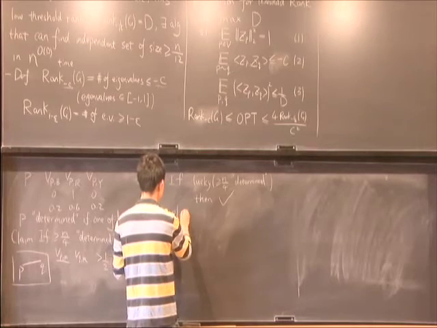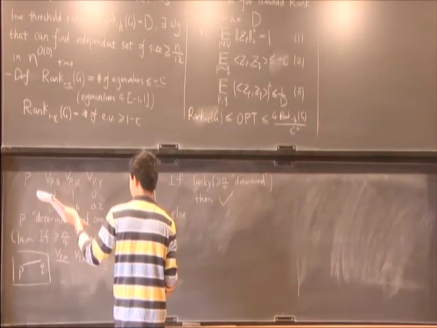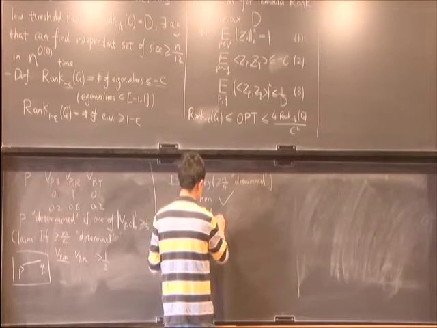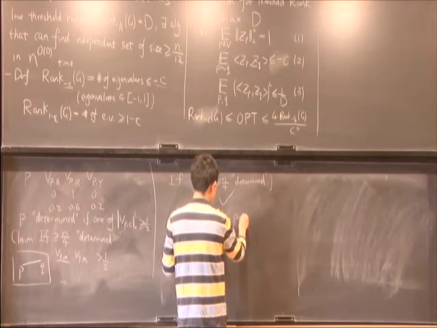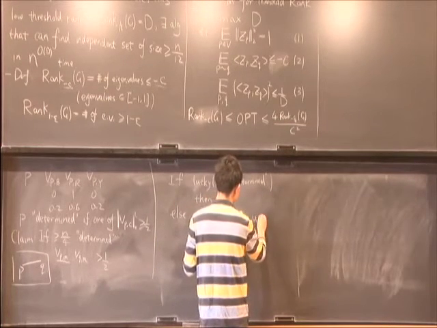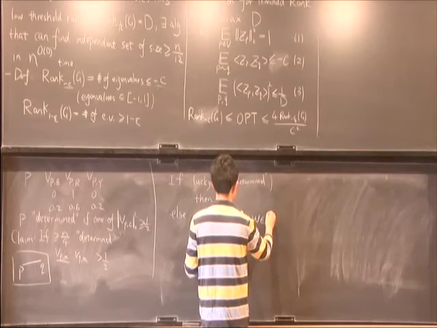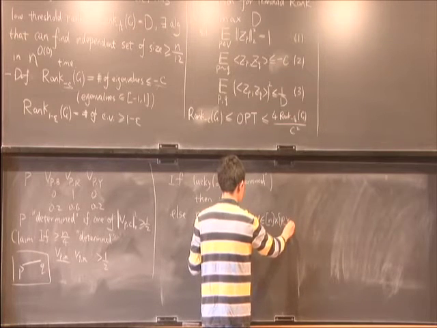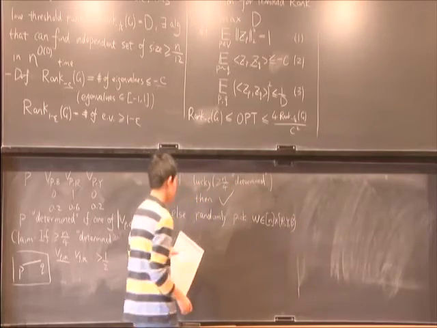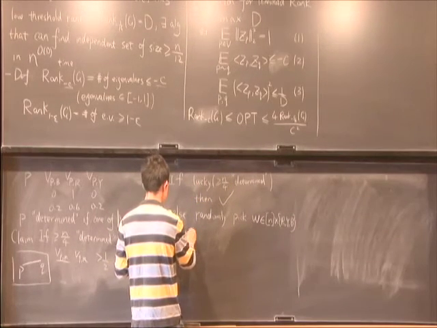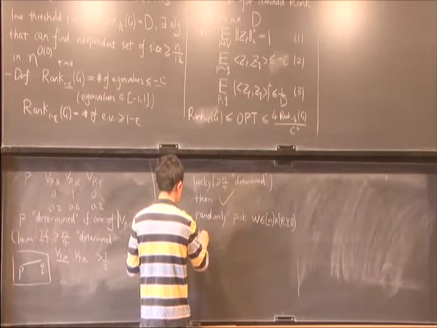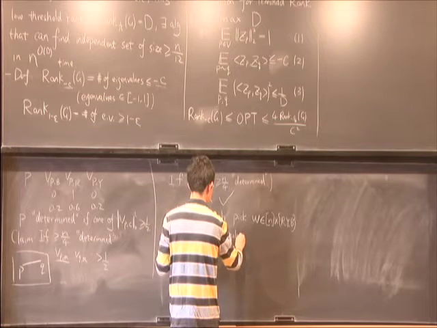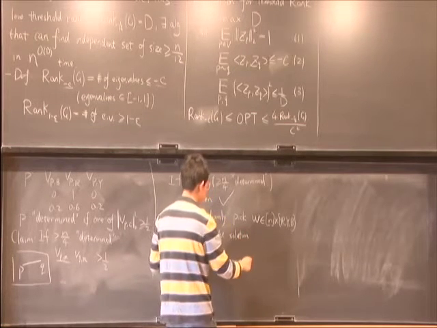Else, you still have k levels of Lasserre, so you randomly pick an event W in this set of events, and you condition the solution to this event.